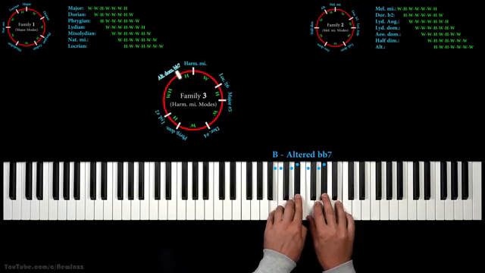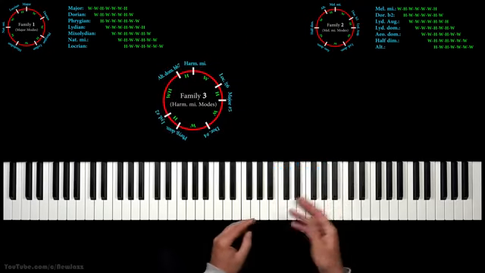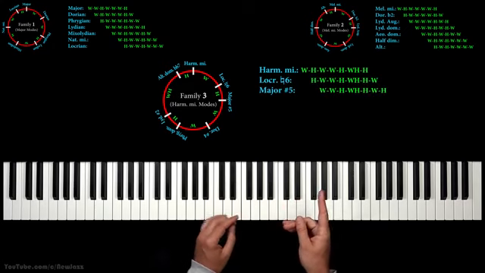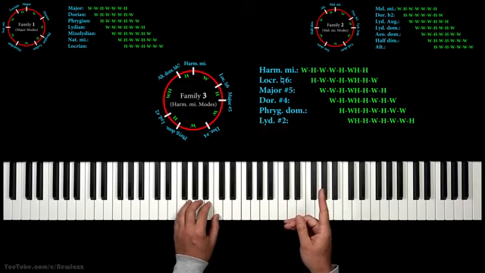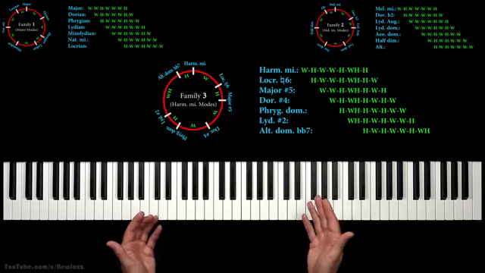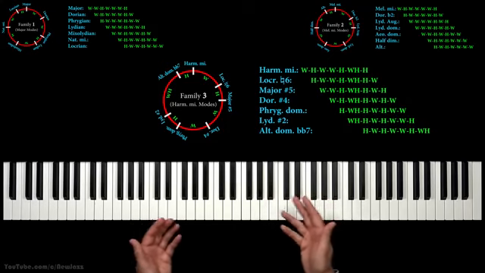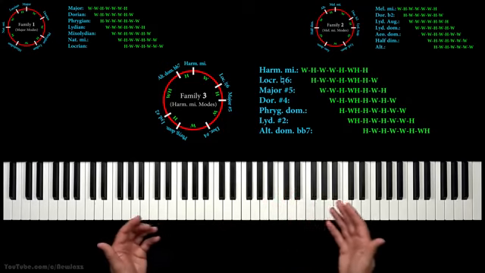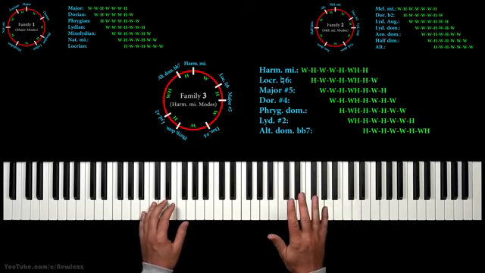Let's write down the interval steps of each scale. So, already now we have 3 families, each containing 7 members. That's 21 different scales in total.